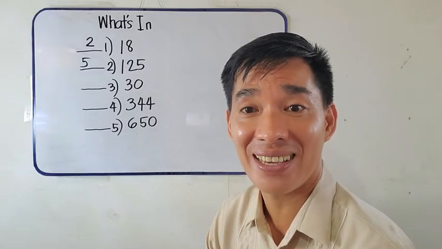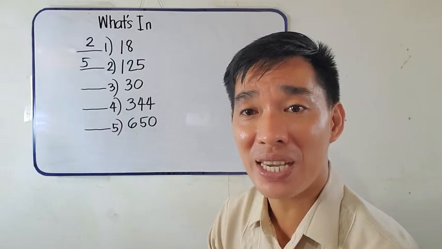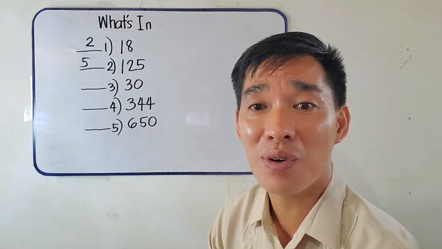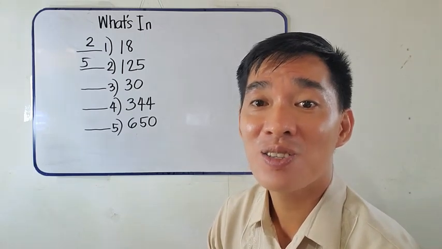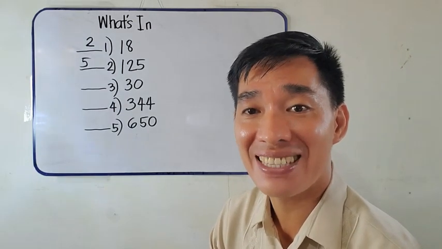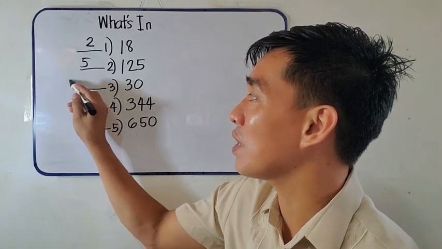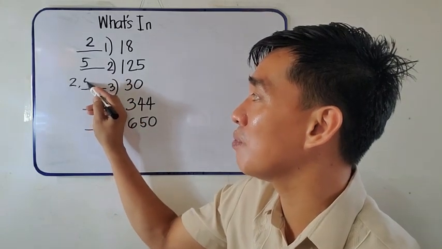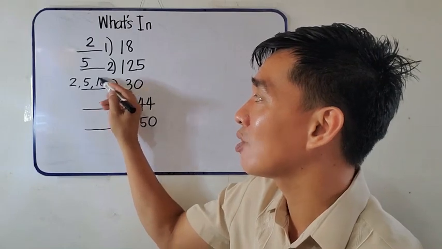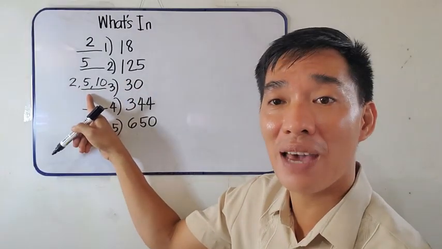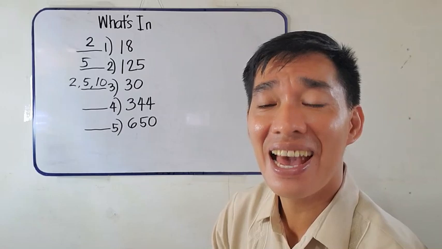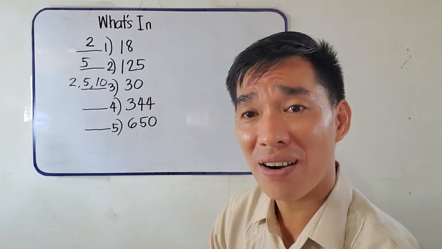Did you get it correctly? Now let's try number 3. The answer for number 3 is 2, 5, and 10. So 30 is divisible by 2, also by 5, and also by 10. How about item number 4?